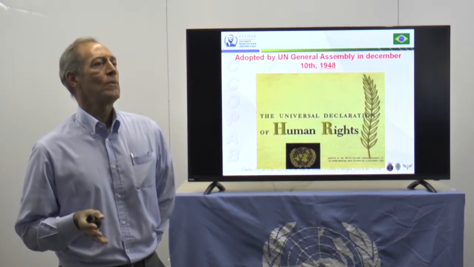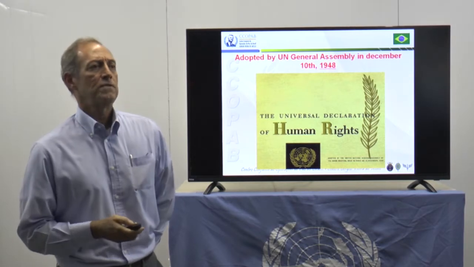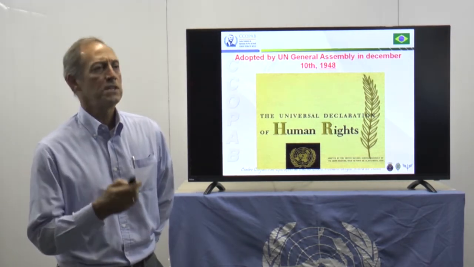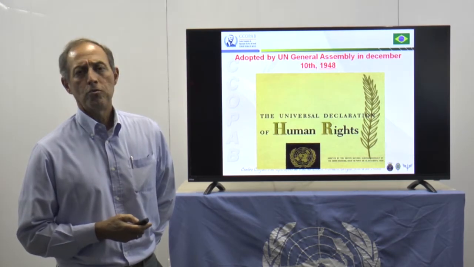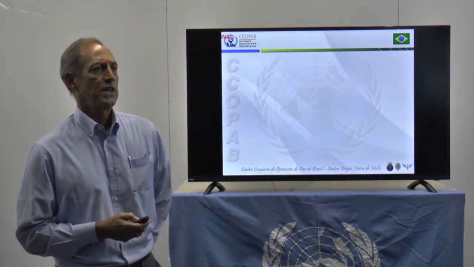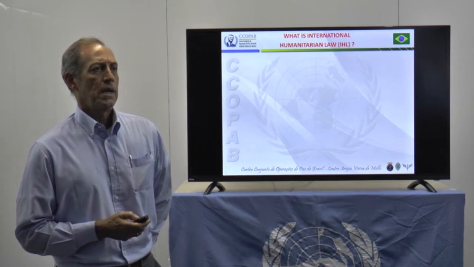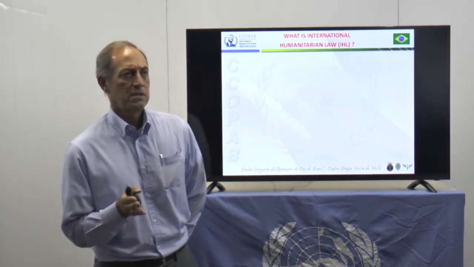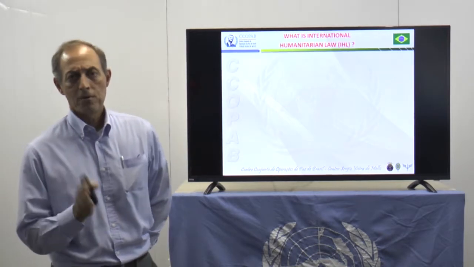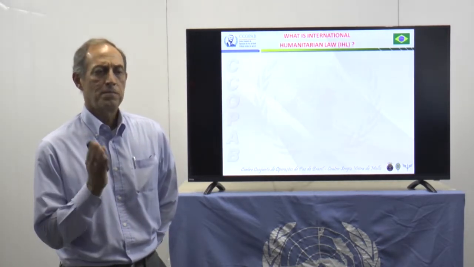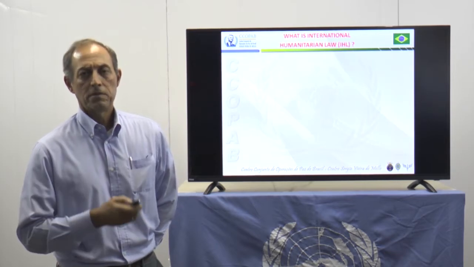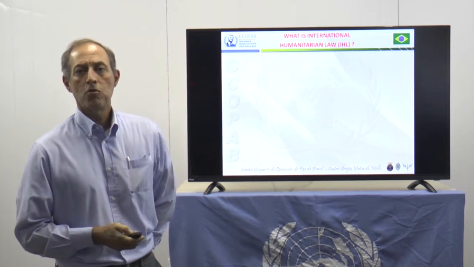To understand human rights, we must understand the Universal Declaration of Human Rights. You can check the list on the internet. It's available over there. And it's very important to understand the difference between international humanitarian law and human rights. Human rights, peacetime; international humanitarian law, wartime, after a conflict starts.